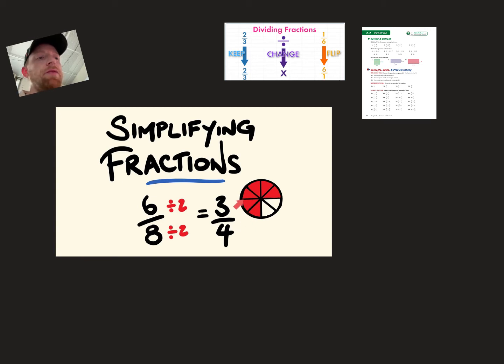Each of these red filled in pizza slices would be the numerator, and the total number of slices is the denominator. And so what you can do is, if there is a number that you can divide each of these by to get a whole number, then you can simplify your fraction, okay?